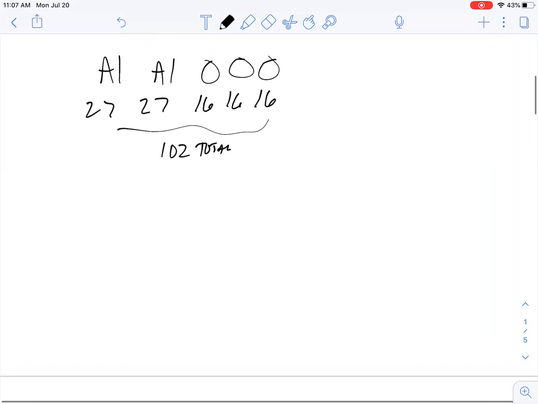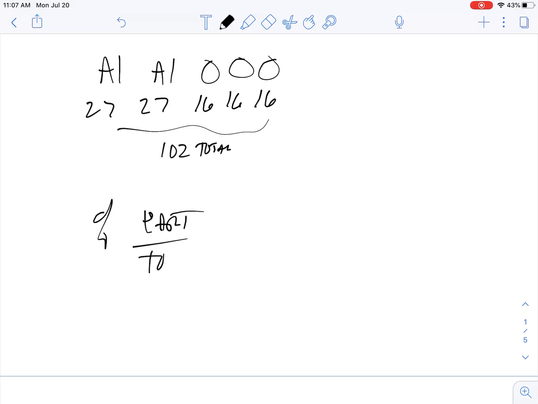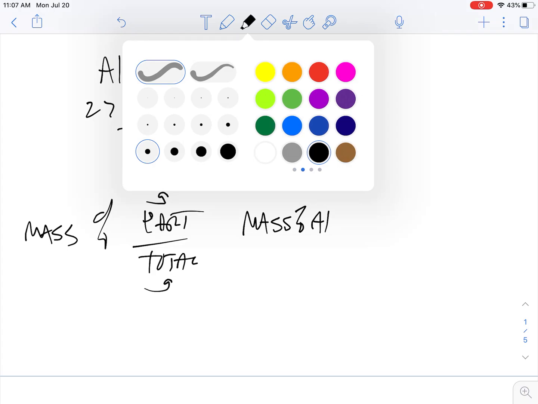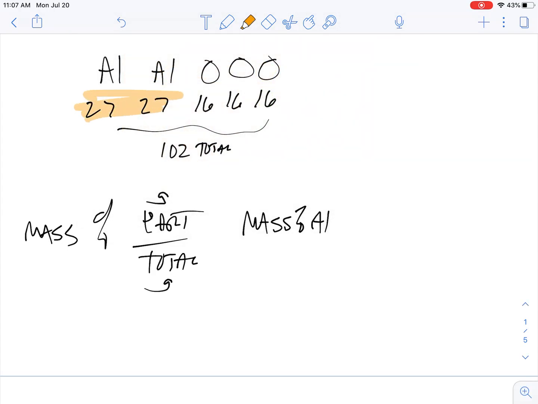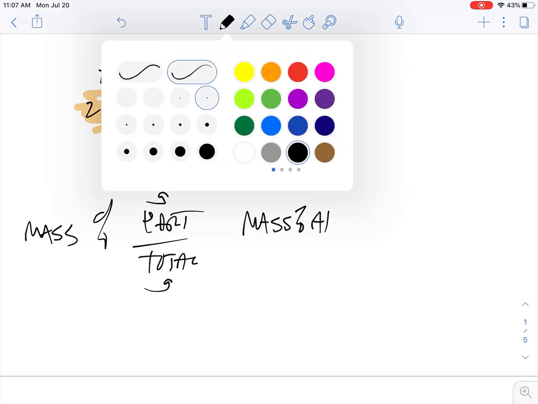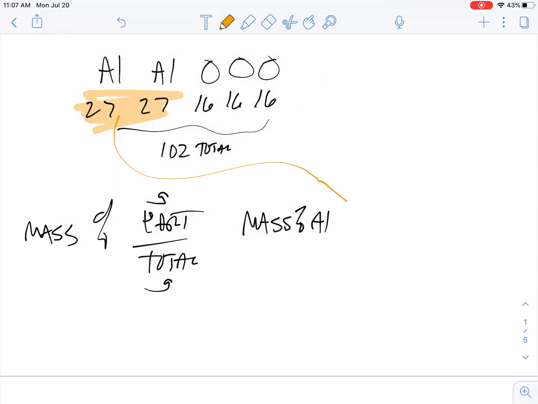And remember that a percent is just part over the total, and so a mass percent is just the grams part over the total grams. So the mass percent of aluminum is going to be the two aluminum parts that are here. If you add 27 and 27 together, you get 54.